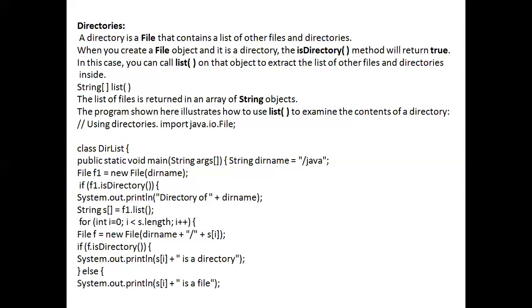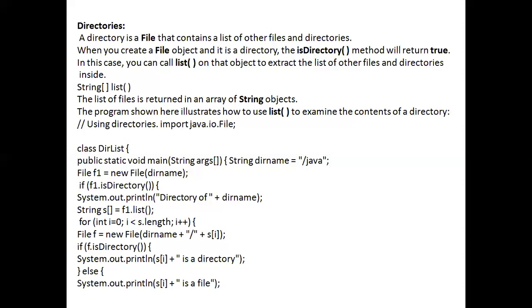Next, after the for loop, we have declared another object: File f = new File(directoryName, s[i]), the list of the files. If f.isDirectory is true, then the file name followed by "is a directory" is going to be displayed, or else it is going to display it as a file.